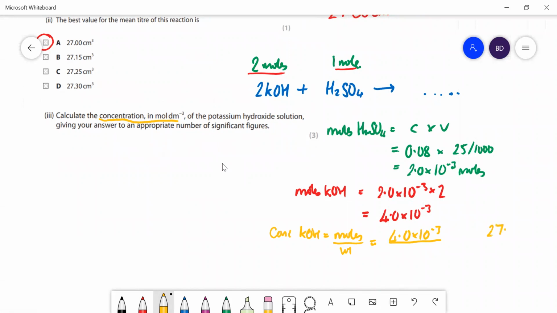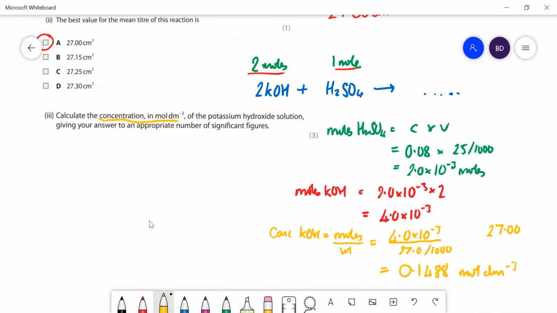That was 27.00 centimeters cubed, so that's 27 over 1,000. And that gives us 0.1488 moles per decimeter cubed.